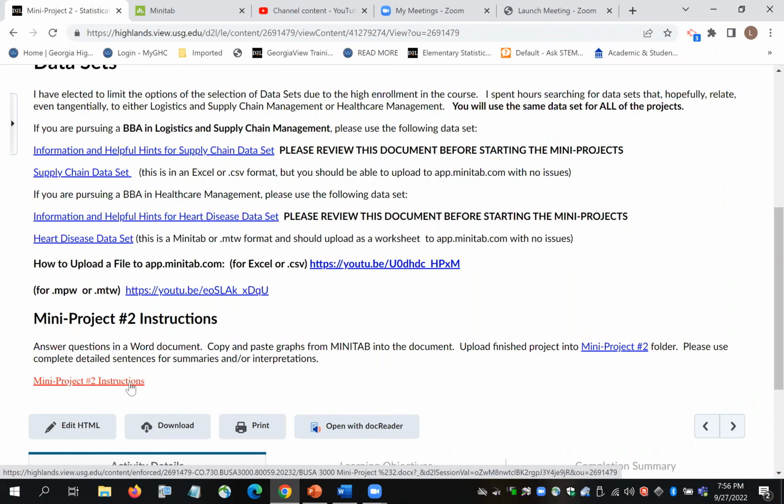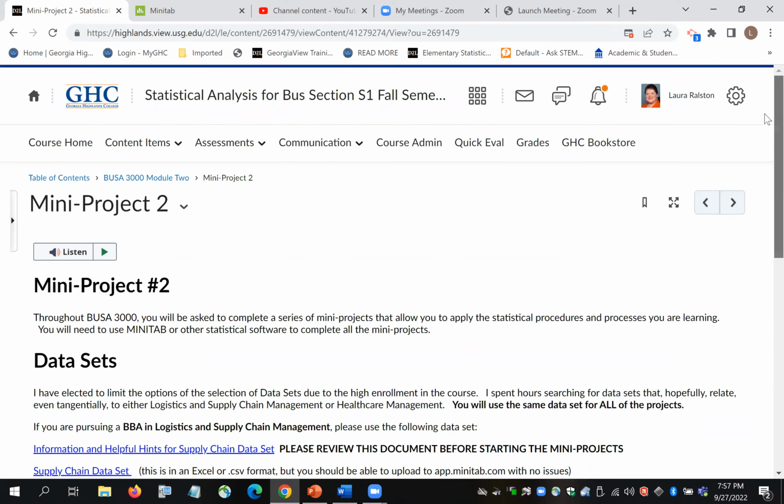Project 2 is due on October the 10th, which I believe is a week from Monday. So you all have almost 2 weeks to do it. I would suggest that you look at those instructions before class next Tuesday as well, so that if you have questions about it, you can ask them during the class session or come in to the Zoom office hours.